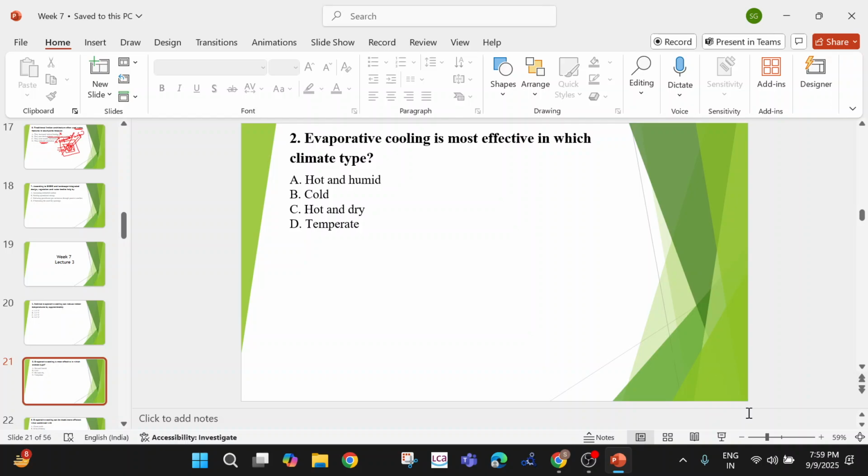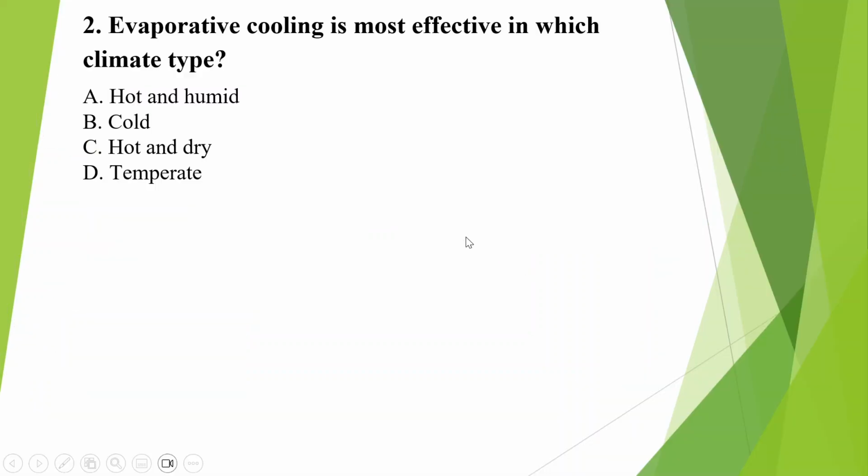So most of you have opted for option B. Let me correct you all that option B is not the correct answer for this question number 2. The correct answer is C. In hot and dry climate conditions, the dry air will absorb the moisture efficiently, enabling the evaporative cooling, and in hot and humid conditions, the high moisture will already be there, so it won't be much effective.